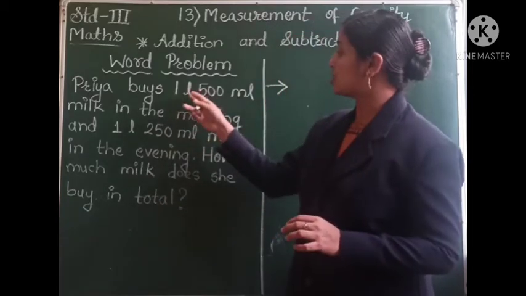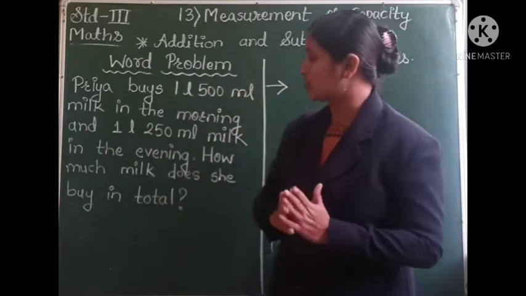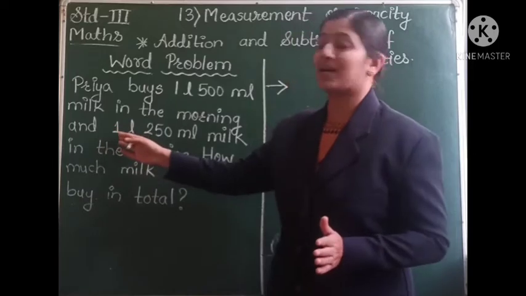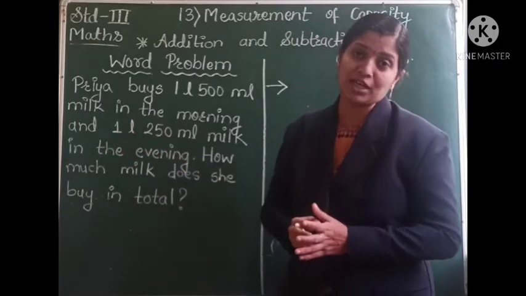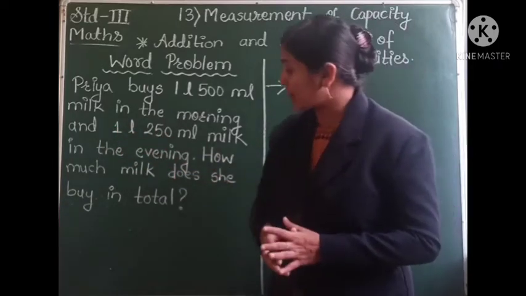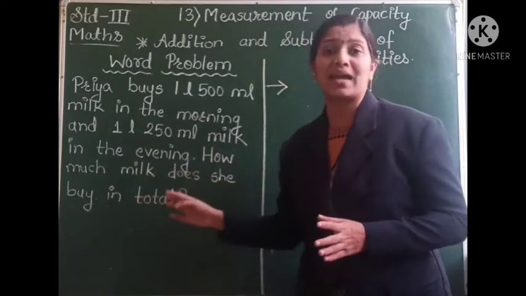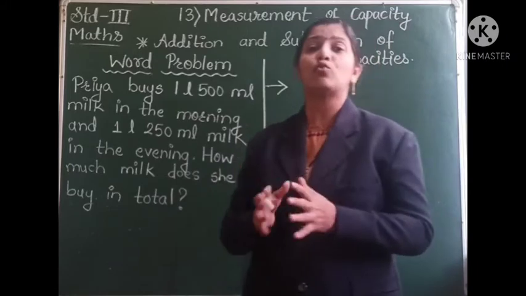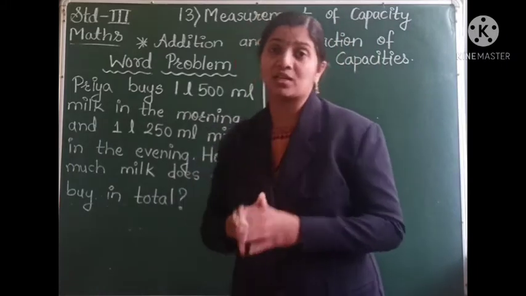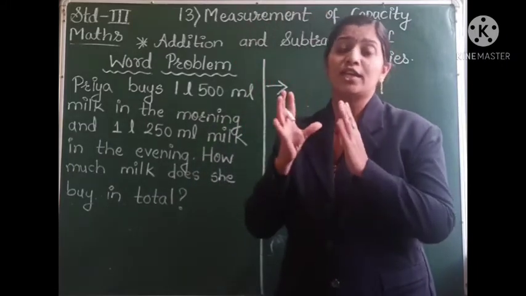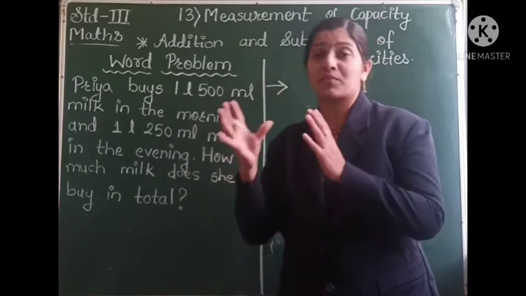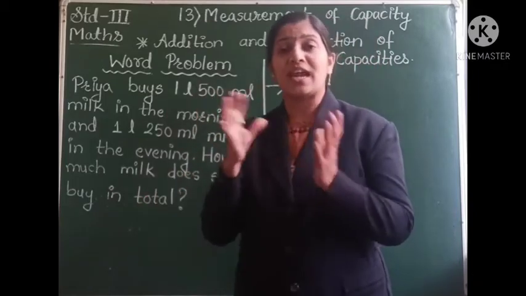In the morning she buys 1 liter 500 milliliter of milk and in the evening she buys 1 liter 250 milliliter of milk. And the question they have asked us is how much milk does she buy in total. So we have to find out how much milk does Priya buy in total during the day, that is in the morning and in the evening.